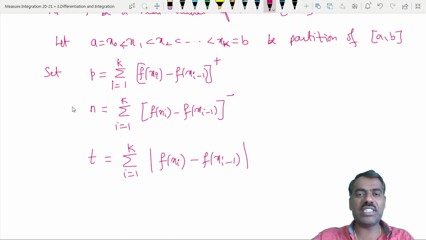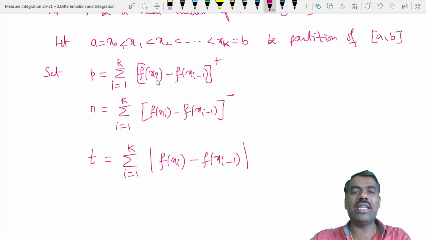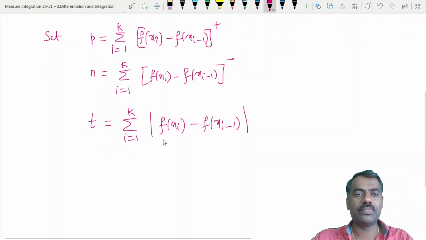Are these three notations clear? Actually what we are doing is finding the difference f of xi minus f of xi minus 1, then taking the positive part of that function, over this summation.